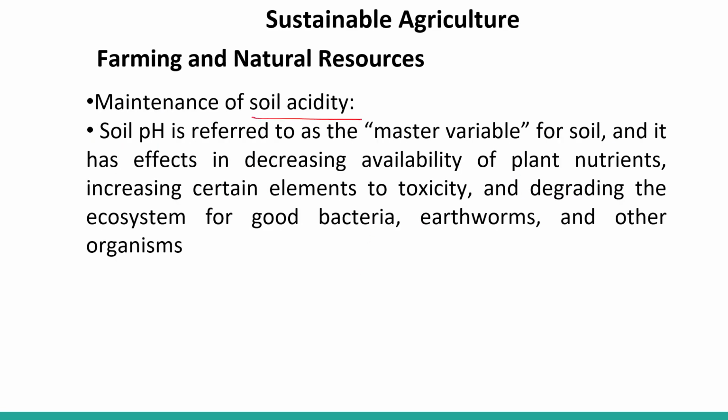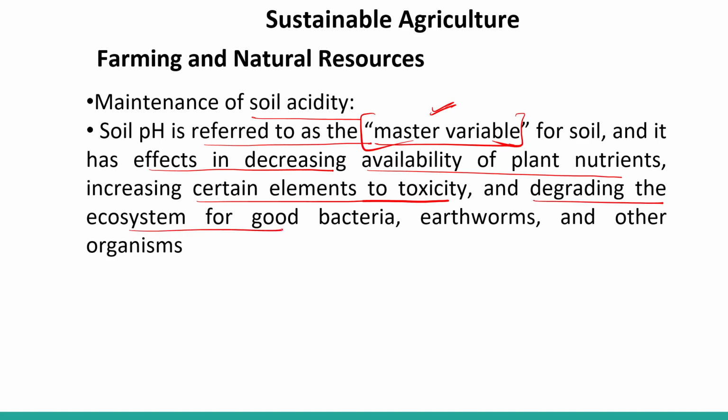Maintenance of soil acidity. Soil pH is referred to as the master variable. So very important for the exam question. For soil, it has the effect of decreasing availability of plant nutrients, increasing certain elements to the toxicity level, and degrading the ecosystem of good bacteria, earthworms, and other organisms.